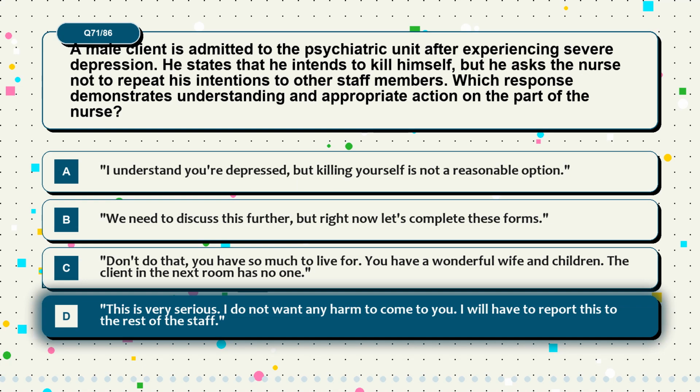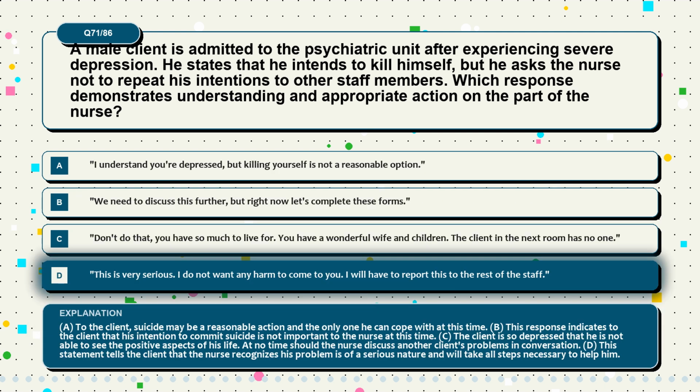The correct answer is option D. This is very serious. I do not want any harm to come to you. I will have to report this to the rest of the staff. To the client, suicide may be a reasonable action and the only one he can cope with at this time.